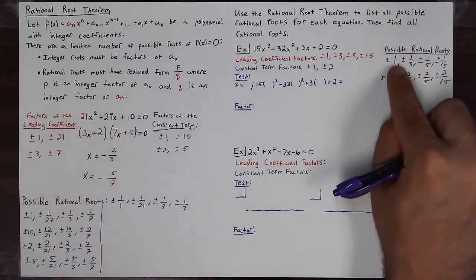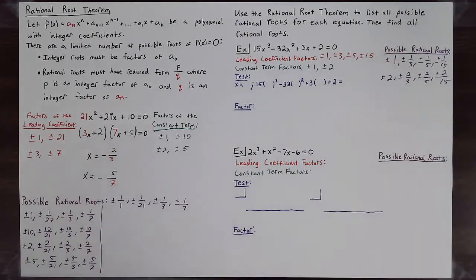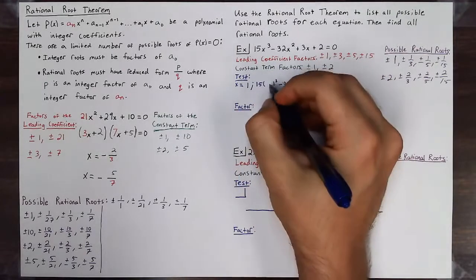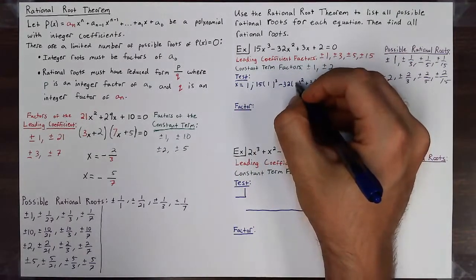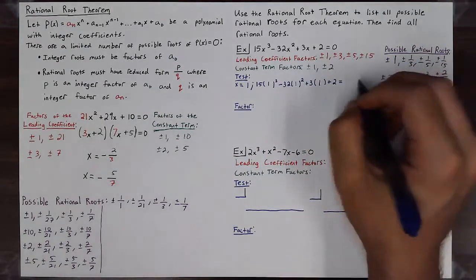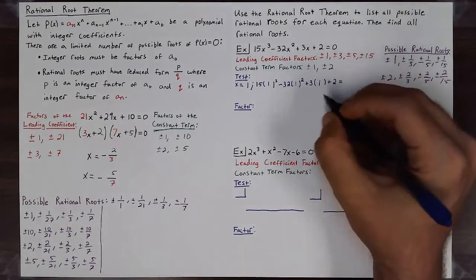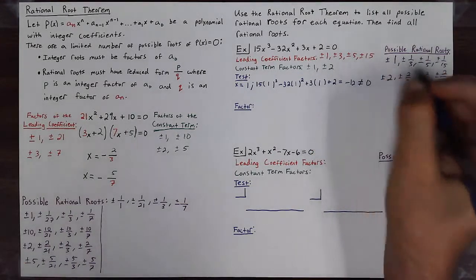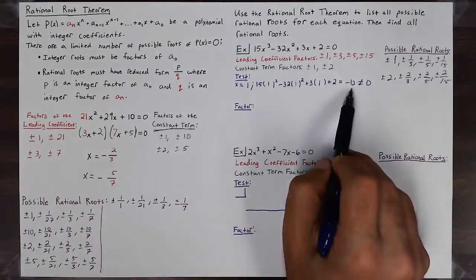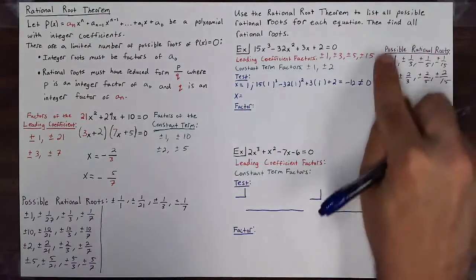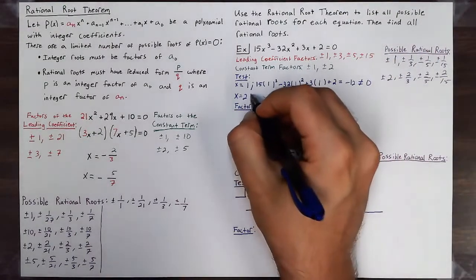So we can actually just start testing. So I know 1 could be a rational root, so I can just plug it in and see what I get. So you get 15 times 1 cubed minus 32 times 1 squared plus 3 times 1 plus 2. Adding up all of this together gives you negative 12, which is most certainly not 0. So this is not a root of the equation because I didn't get 0. But I could try another number. Look at my list. 2 is also a choice. I could plug that in.